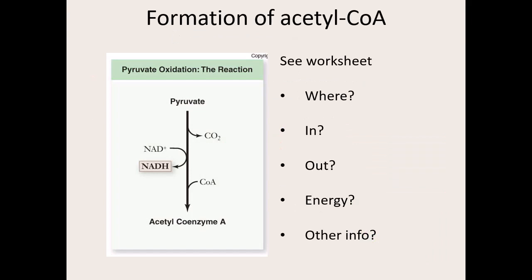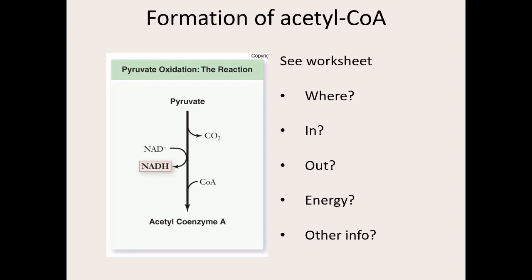So, making of acetyl-CoA. This is also, see worksheet, where to fill it all in. Pyruvic acid, an alternate name for it is pyruvate. Different textbooks. Don't care, just as long as you recognize the name. This step takes pyruvate, which is a 3-carbon molecule, and turns it into something called acetyl-CoA.